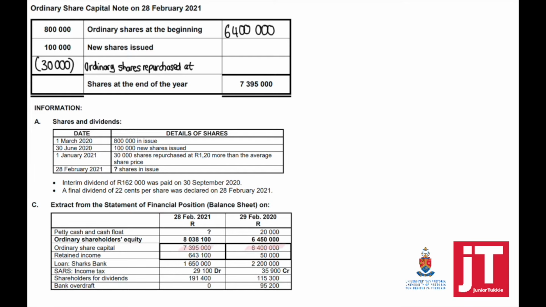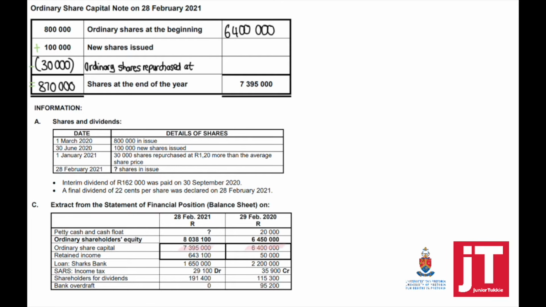This means that we can calculate the balance at the end. To calculate the balance at the end, we need to take the balance at the beginning plus 100,000 minus 30,000 equals 870,000. But now we need to solve the new shares issued and the repurchase.